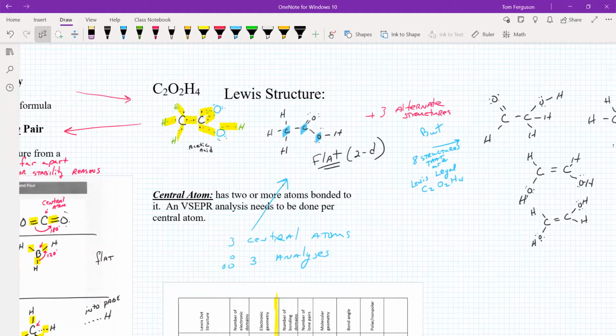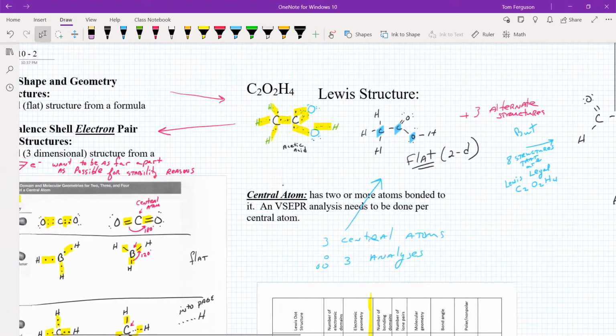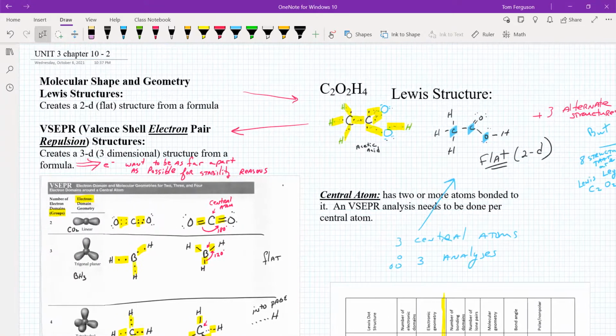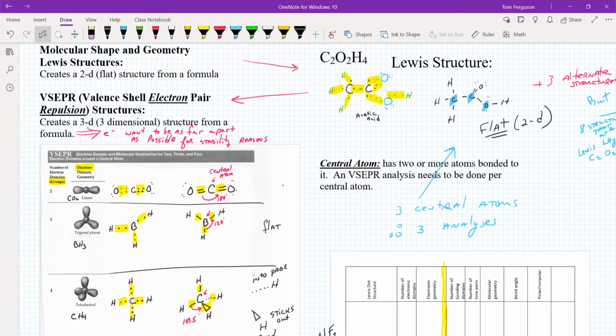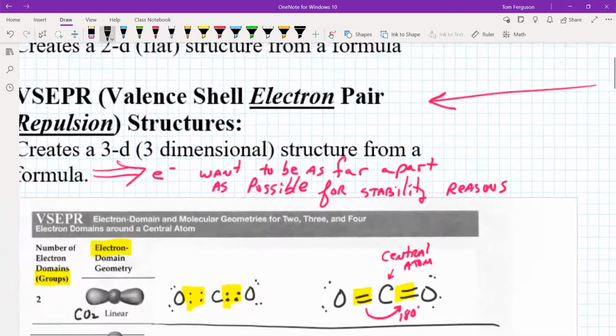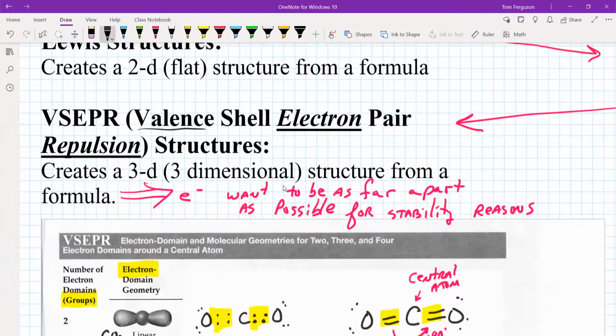Now the deal is, as I was saying earlier, these are flat, 2-dimensional, and life is 3-dimensional. So there's another process we can put this formula through to create a 3-dimensional version of it, and that is called valence shell electron pair repulsion. That means the electrons on the outer shell.